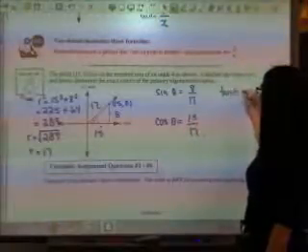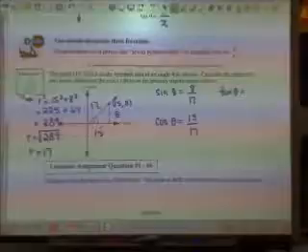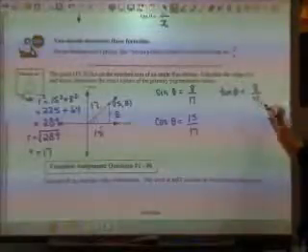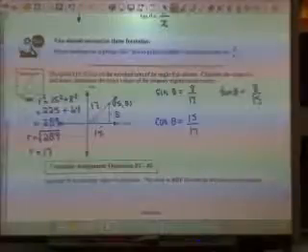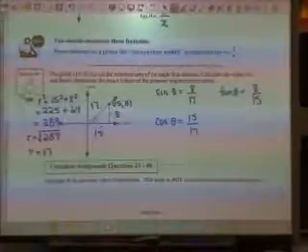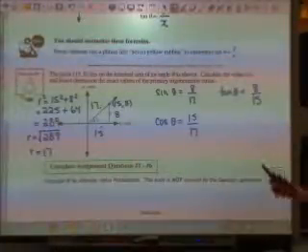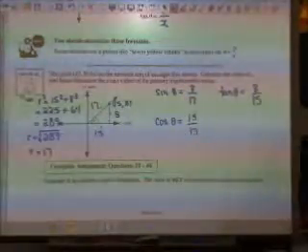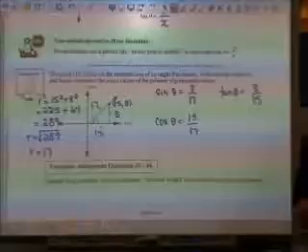And tan theta will equal... In terms of fractions, if I look at cos and sine, what type of fraction will I always get?